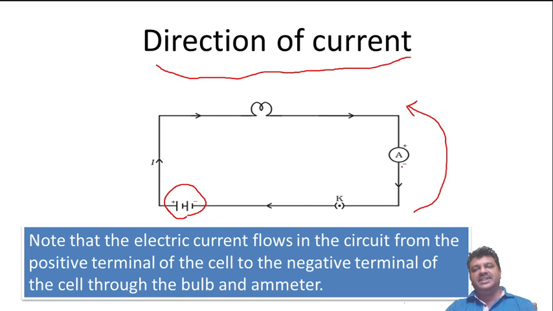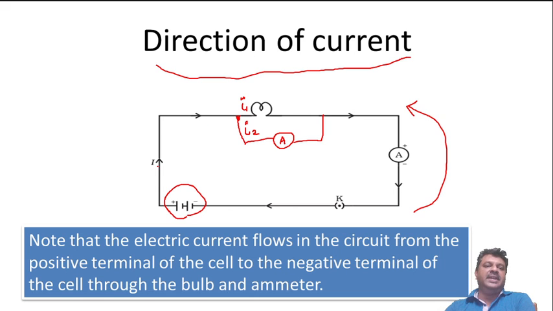Suppose it is not connected in series, let's say I am connecting it across the bulb. If I connect the ammeter like this, the ammeter will have a small amount of resistance, and the bulb will have more resistance. So some current will go through here, and the remaining current will go through here. Let's call these I1 and I2.